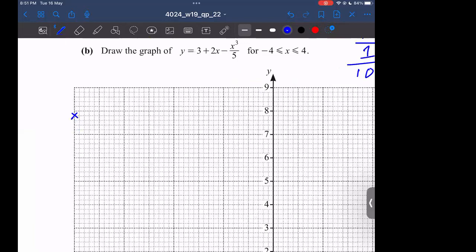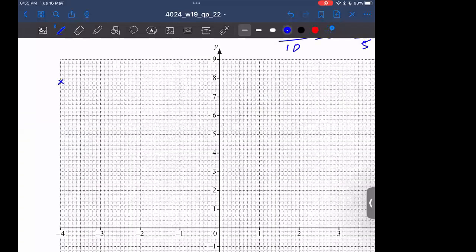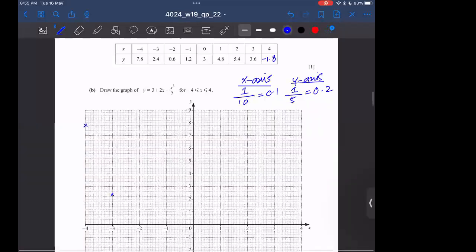Minus 3 comma 2.4. Okay, let's plot the second point. That is minus 3 comma 2.4. Then minus 2 comma 0.6. Then we have minus 1 comma 1.2. 1.2 is going to be here.